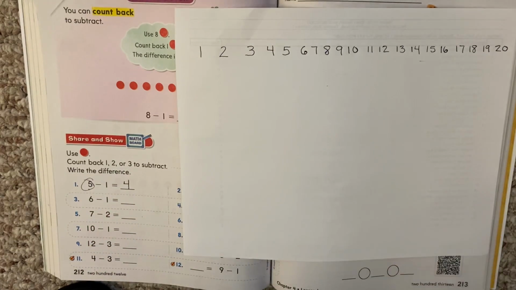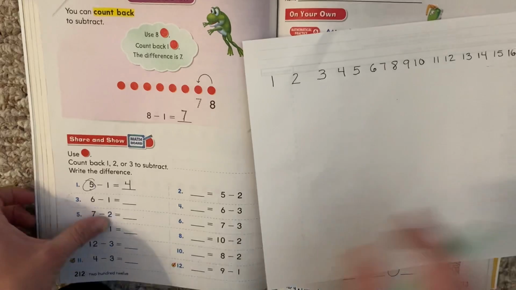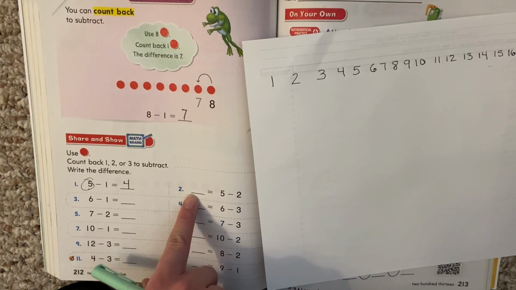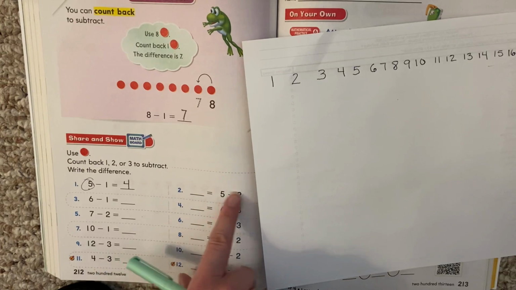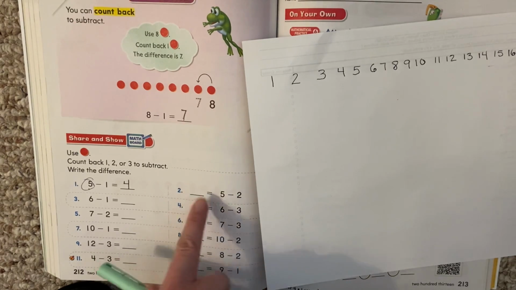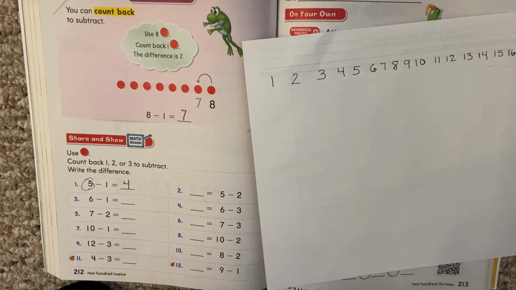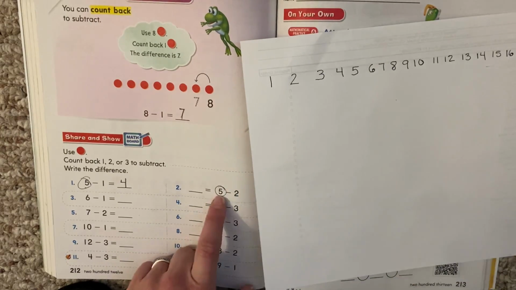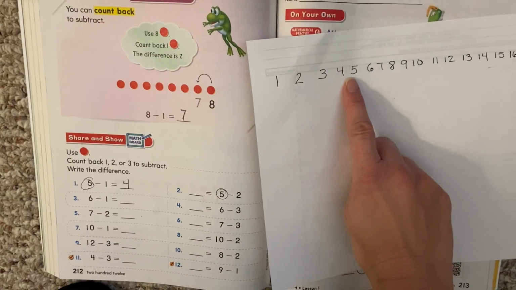All right, let's look at the next one. Okay, 5 minus 2. Remember the equal sign is on the wrong side? That's okay, right? It can be on either side. It just means this number is the same as 5 minus 2. Okay, so we're going to solve that. 5 minus 2, big number, right? That's where we put our finger. So here's 5.